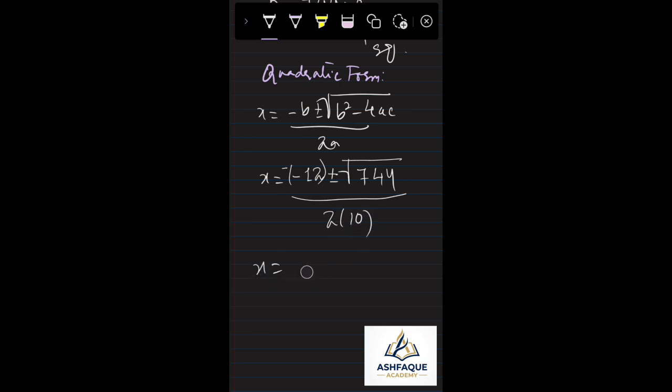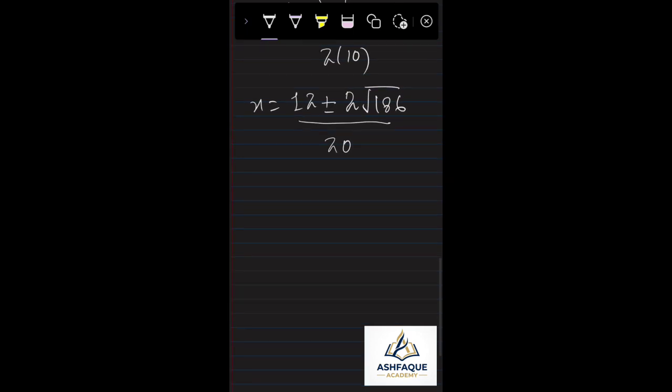So x equals 12 plus minus 2 root 186 divided by 20. So further we will solve.